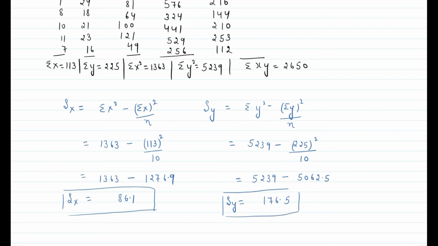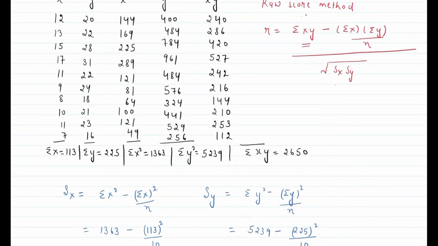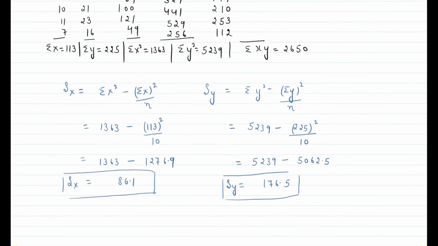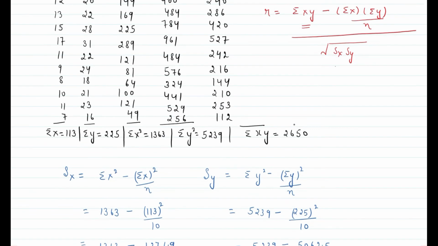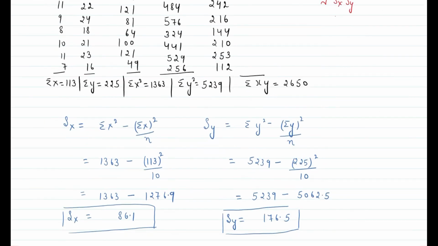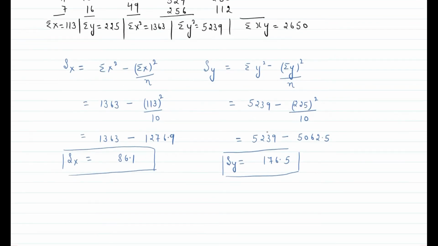So let's go back to the formula. We have all the values that we require to find the correlation. Let's put these values in the formula. Let's write it again because there is not sufficient space above.